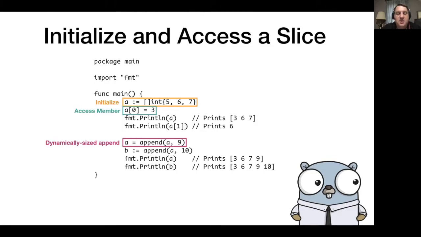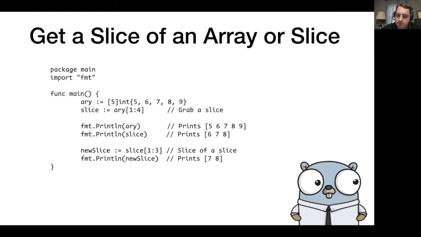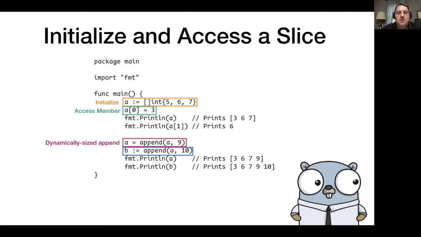Then we're going to append, and then we're going to create a new array that has been appended again. Okay, so A is going to print 3679 because it started out as 367, and then we did an append operation to get 9. And then B, when we did our append, it gets a 10 added on the end.